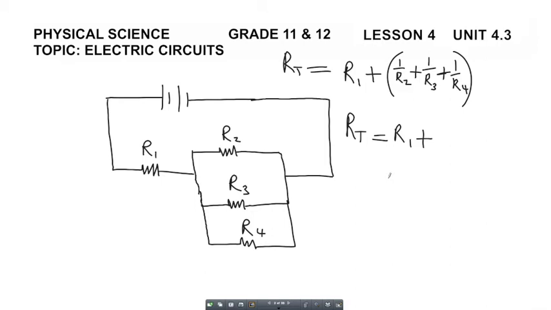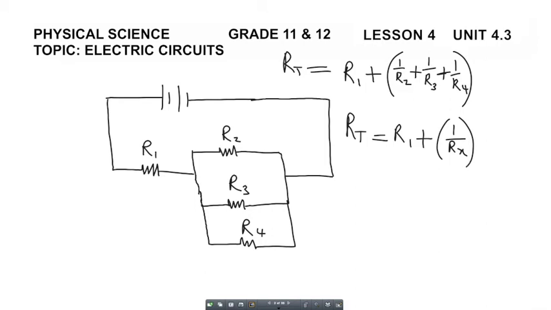So what we are going to do now is take the sum of those individual resistors, 1 over R2 plus 1 over R3 plus 1 over R4. They will be represented by one unique resistor. I'll call it Rx. So basically this is going to be 1 over Rx. So here we are compelled to find the size of Rx in total, to represent those three resistors.